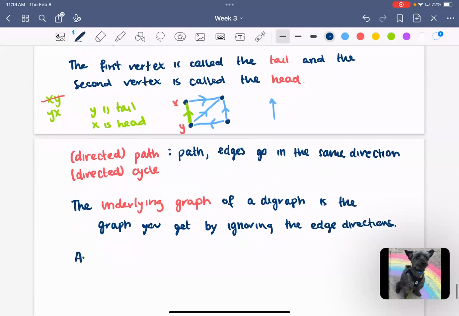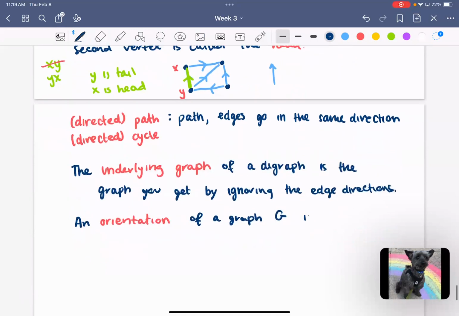So an orientation of a graph G is a digraph obtained from G by choosing an orientation for each edge, or selecting a direction.